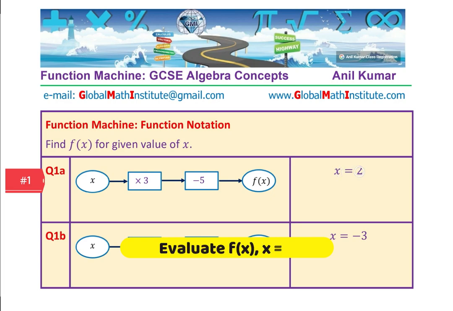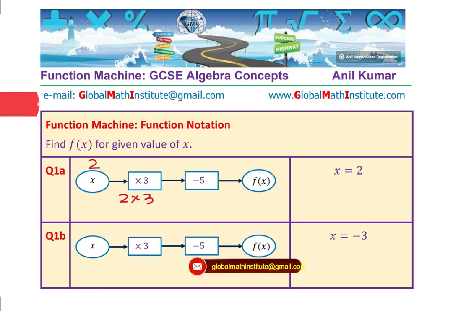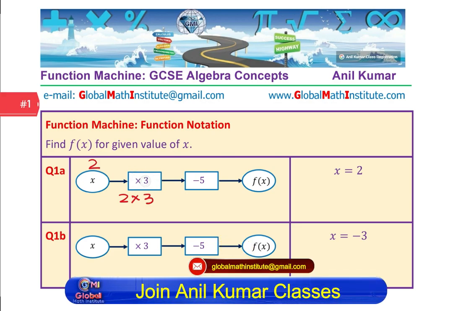X equals 2. Now if x is equal to 2, what happens when it gets multiplied by 3? Basically, you're multiplying 2 by 3. After this operation, it becomes 6. Now to 6, we have to subtract 5.